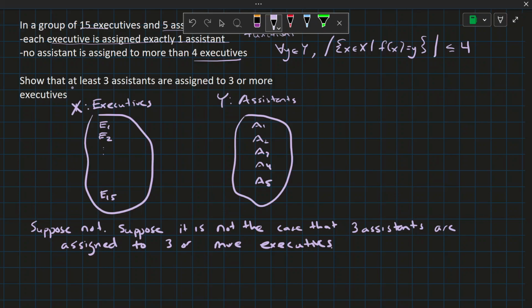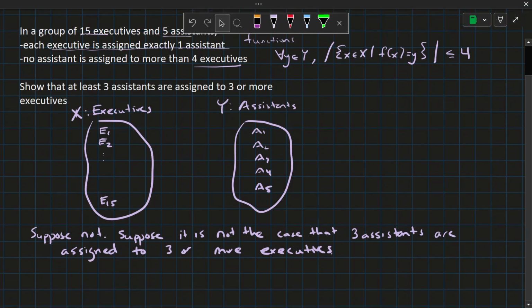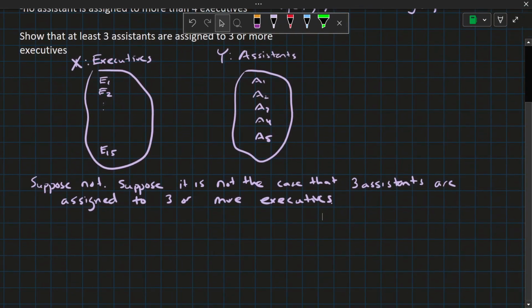So we suppose that it's not true that 3 assistants are assigned to 3 or more executives. What does that really mean then?